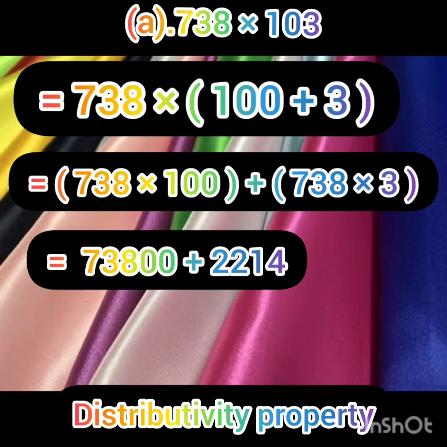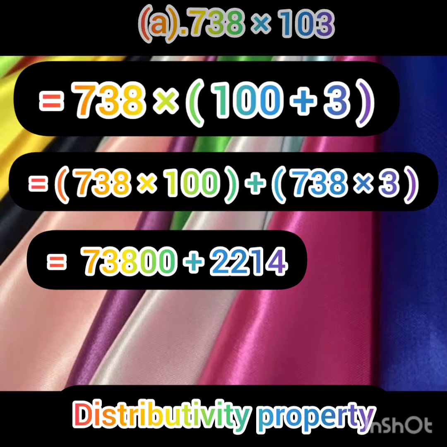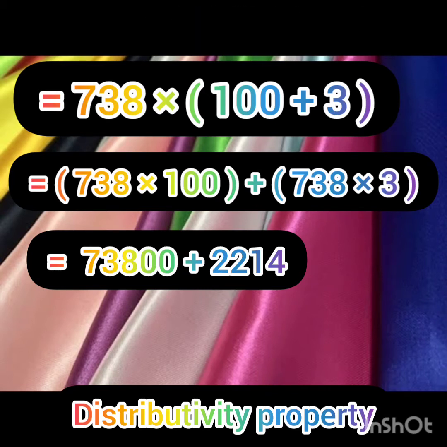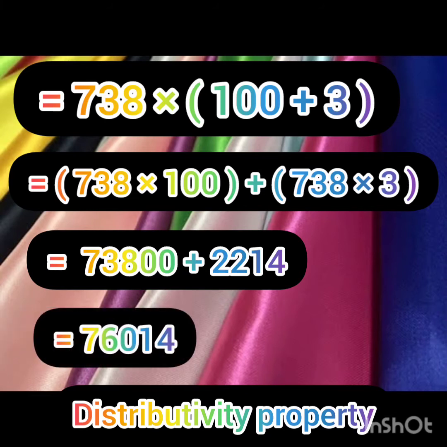So the product of 738 with 100 is 73,800, and product of 738 with 3 gives the result 2,214. So the sum of 73,800 and 2,214 is 76,014.